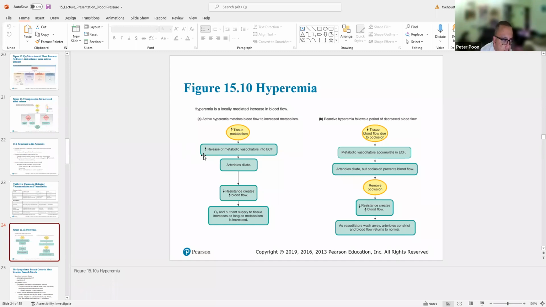It releases metabolic vasodilators to the ECF, the arterioles dilate, so the hole gets bigger. As the hole gets bigger, the resistance decreases. Remember, resistance is primarily due to the size of the hole. The bigger the hole, the resistance decreases very quickly, and that increases blood flow.